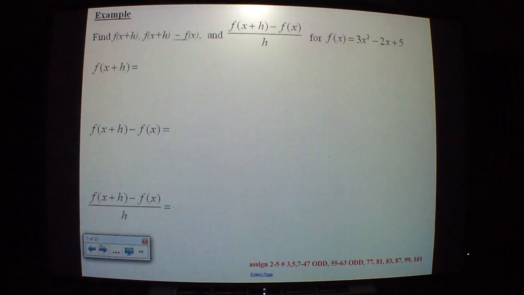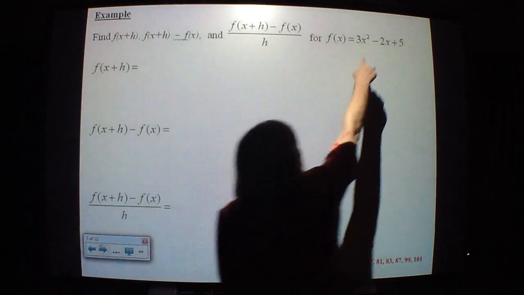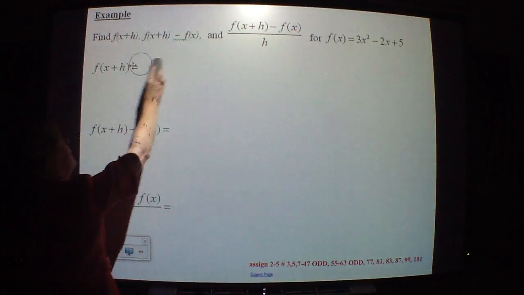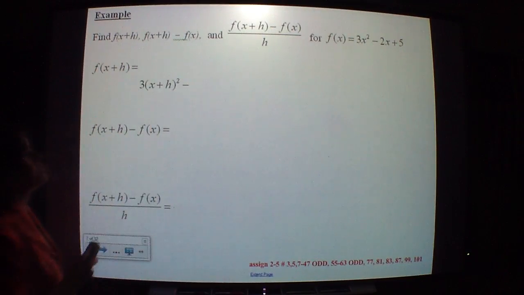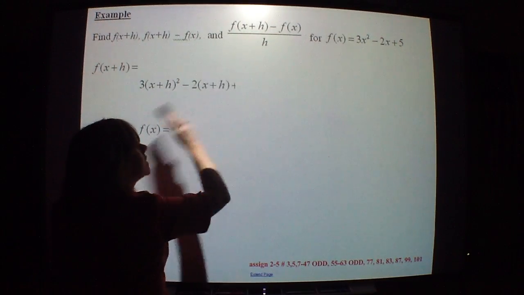So find f of x plus h, f of x plus h minus f of x, and the difference quotient for f of x equals 3x squared minus 2x plus 5. So for f of x plus h, I'm going to plug in x plus h wherever I have an x. So I have 3 times the quantity x plus h squared, minus 2 times x plus h, plus 5.